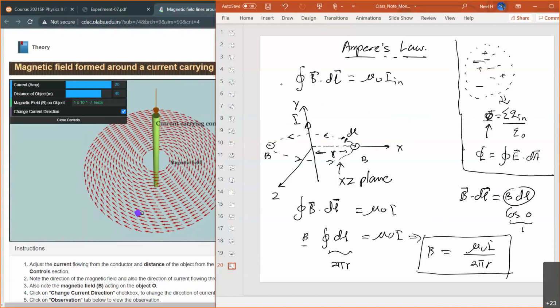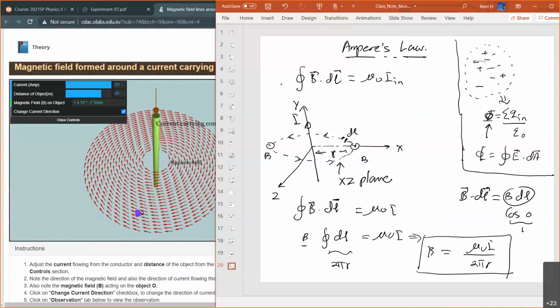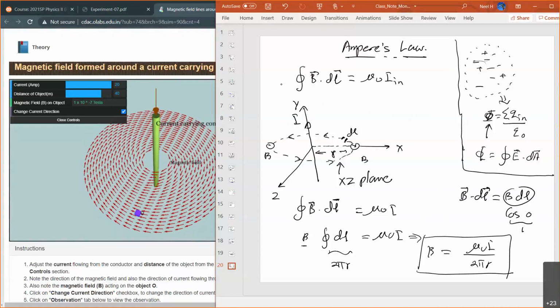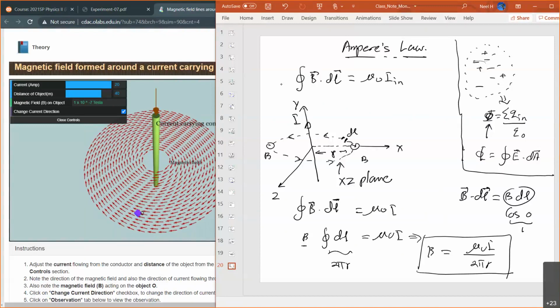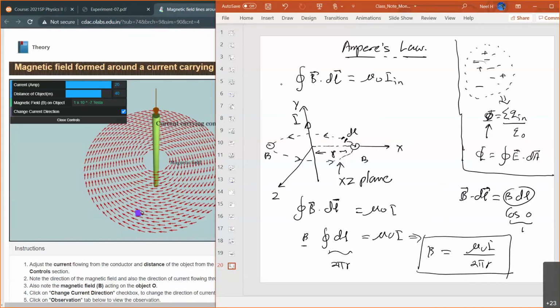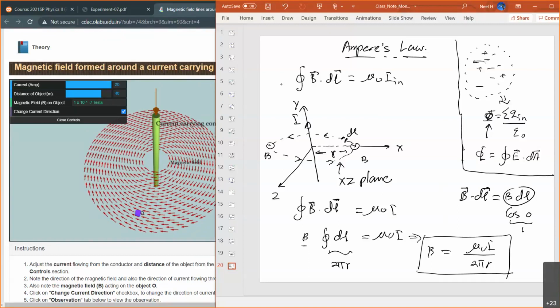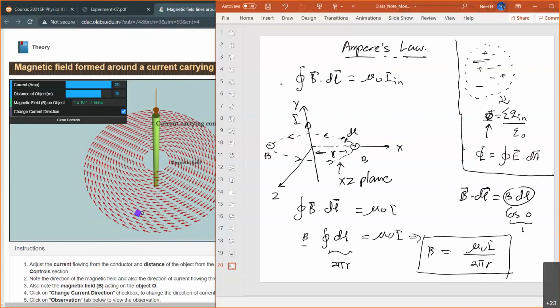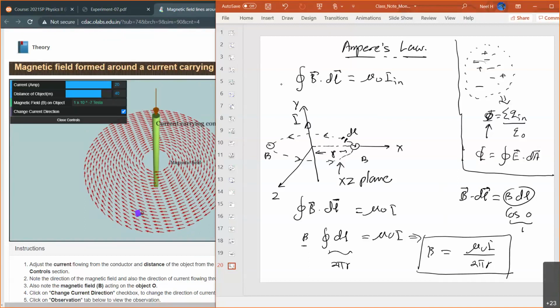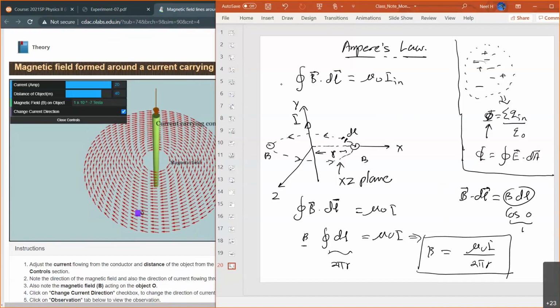That's the second law you need from our previous chapter, chapter number 12. Keep track of all of these laws, Gauss's law, Ampere's law, all of those, because at the end of the semester we're going to be talking about Maxwell's equations. When we talk about Maxwell's equations, those laws are converted into the Maxwell model.